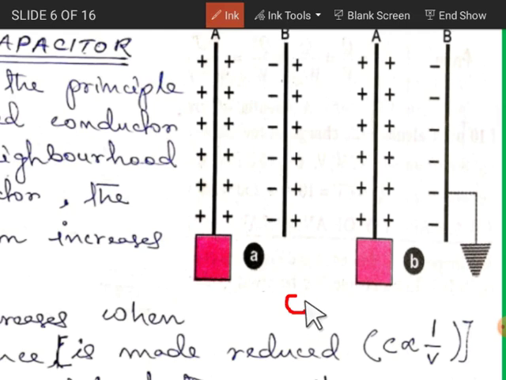C is equal to Q by V. If your potential decreases, then the whole ratio increases. The whole ratio means capacitance increases. So more and more charge can be given onto that system or arrangement of these two parallel plates, right? This is the principle of your capacitor.